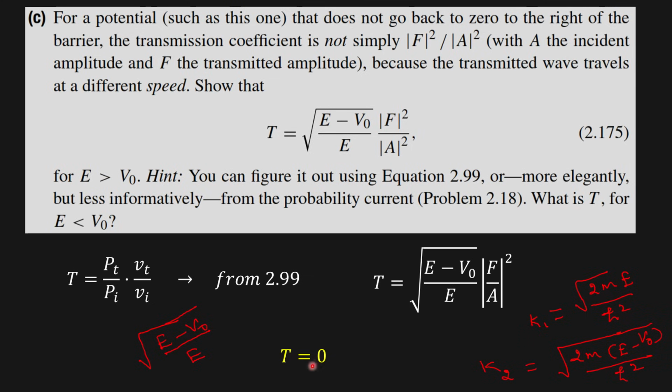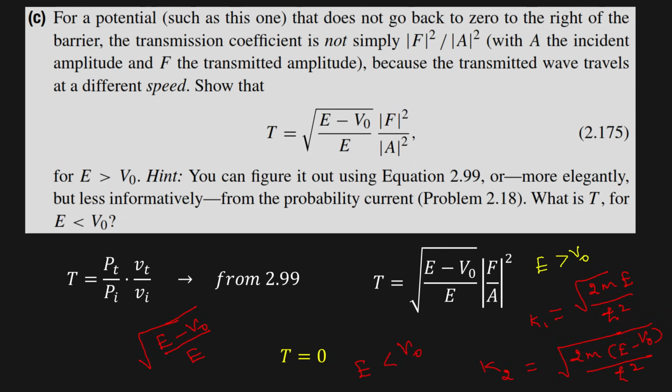We have seen in section A itself, T is equal to 0 if E is less than V naught. This one is the case when E is greater than V naught, as explained in the problem, and this is E less than V naught. So we have solved section C also.